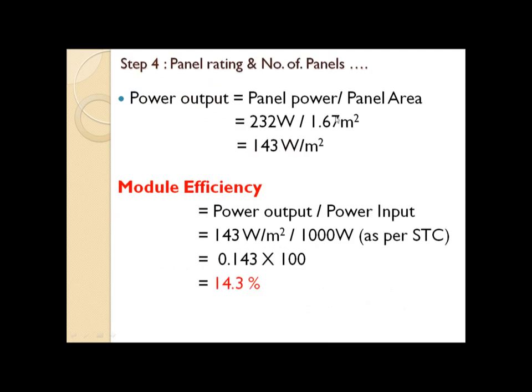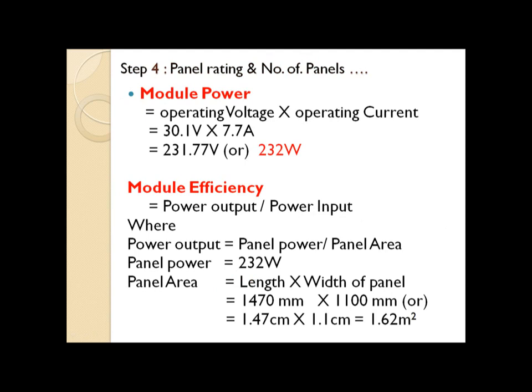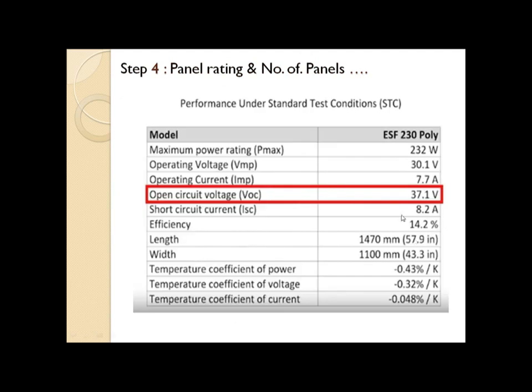So the total output is calculated as 143 watt per square meter. Through the panel output, you calculate the model efficiency, output by input power. So that 14.3 is the efficiency, close to the 14.2 listed.